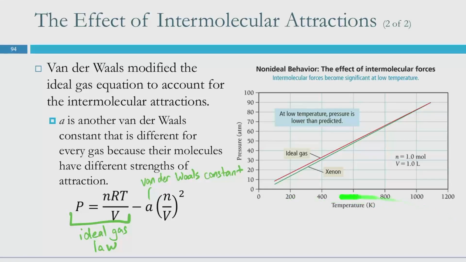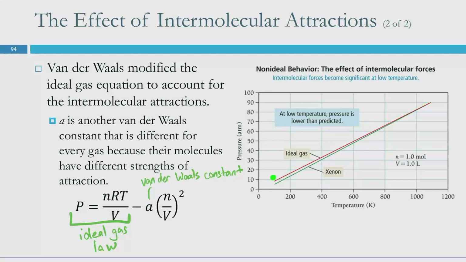And we've got a graph, so we've got temperature here on the x-axis, pressure here on the y-axis, and we can see that at really high temperature, like over 1,000 Kelvin, our two lines for xenon and our ideal gas are the same. We're seeing ideal behavior from our xenon relative to an ideal gas.